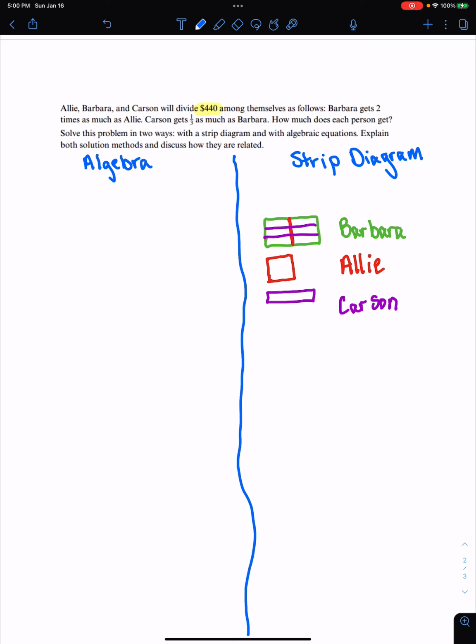Okay, so now we have to relate them all to our strip diagram of $440. So here's our big strip diagram. Okay, so we're noticing here that Barbara is getting 6 pieces. So here I'm going to show 6 pieces about the same size.